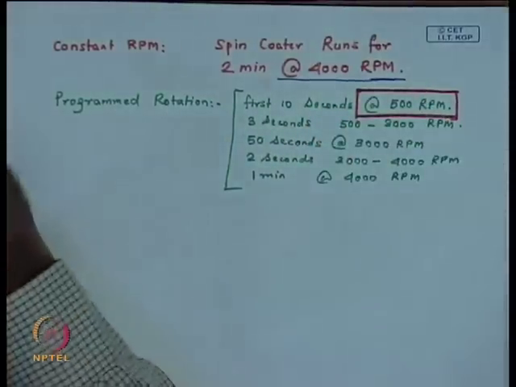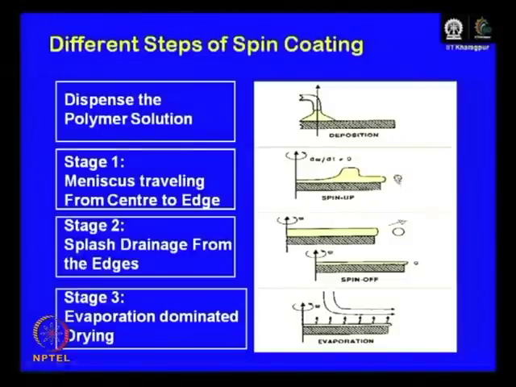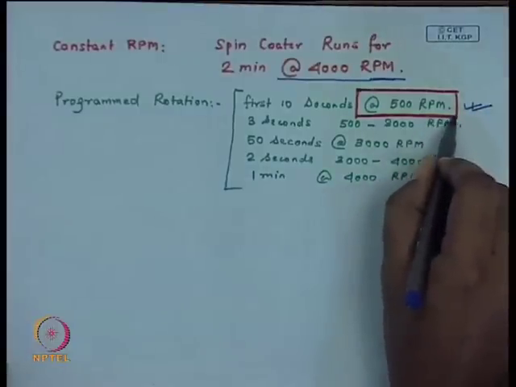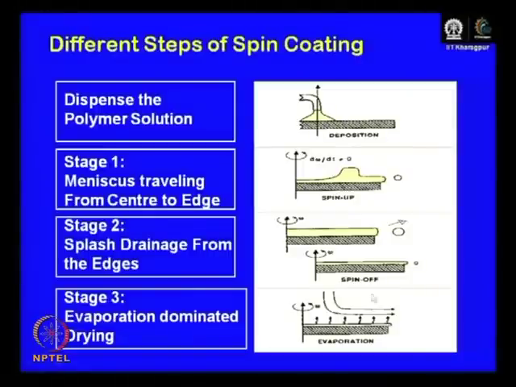So, what is the key difference you are making? In stage 1, when we talk about the meniscus travelling from the center to the edge, in the programmed case you have a slower RPM. So, what you are actually doing is reducing the pace of the travel of the meniscus. This is the direct consequence. It is not that you just have an instrument and pick up some numbers. You must understand what physical change it is going to bring into your entire process.